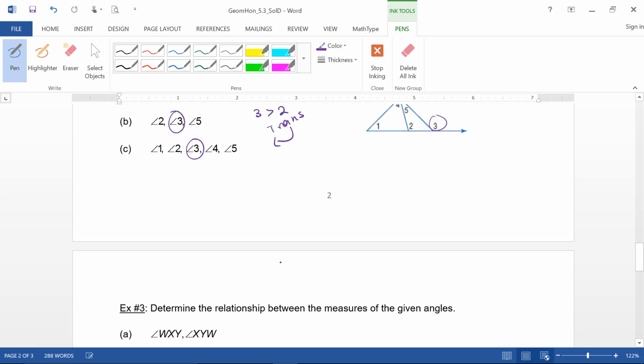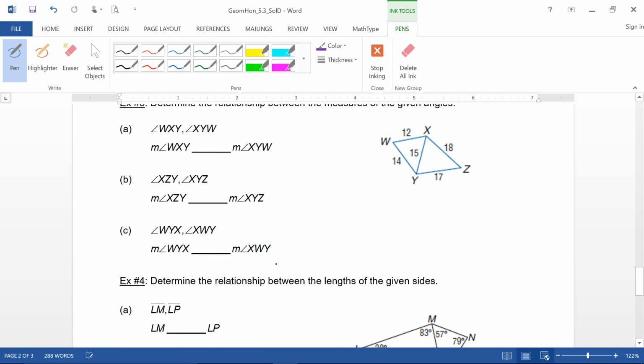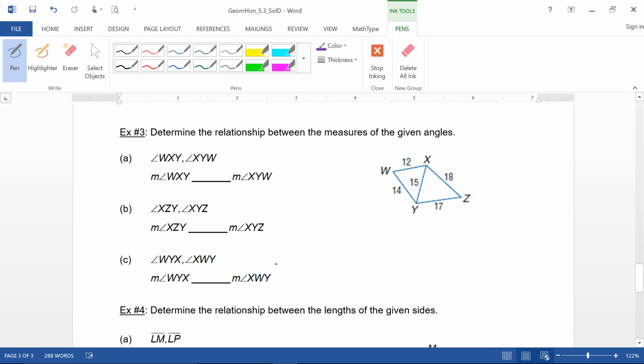All right. Let's determine the relationship here. Okay, I have angle WXY, which is this one, and XYW, which is this one. Which one is bigger? Which one does angle WXY face? It faces a side of 14. What about this one?